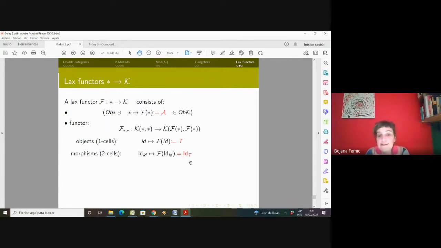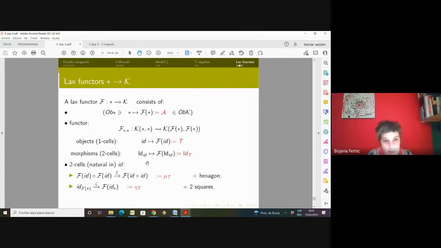Well, we know that it will be identity on T because F is a functor, so we have this preservation of identity morphisms. And now let us translate these two cells. So we have additionally two cells. They go from F of identity, because now the only one cell is identity. And F of identity was just T, the one cell T.